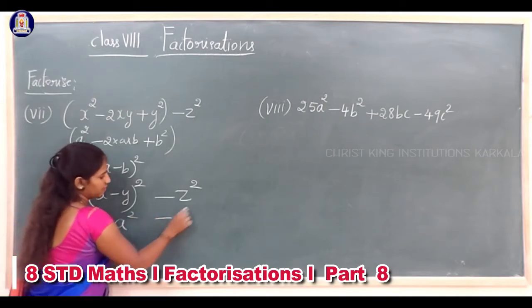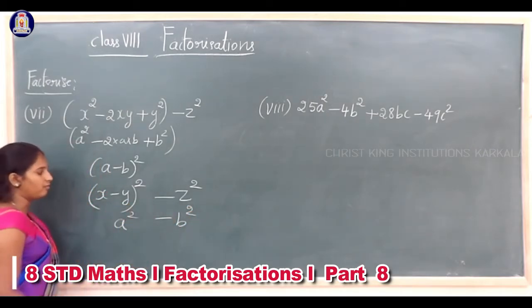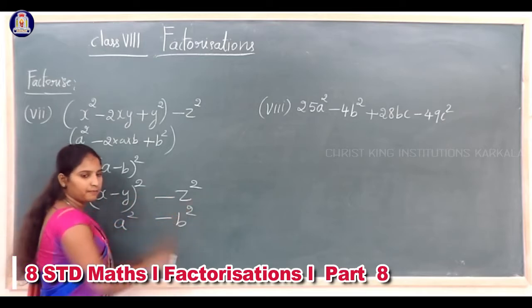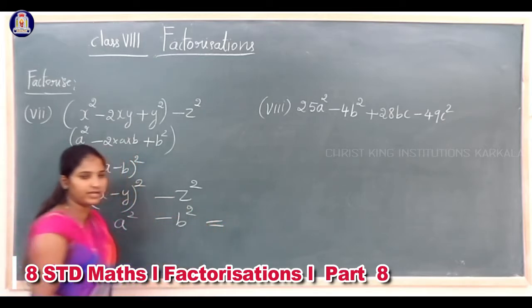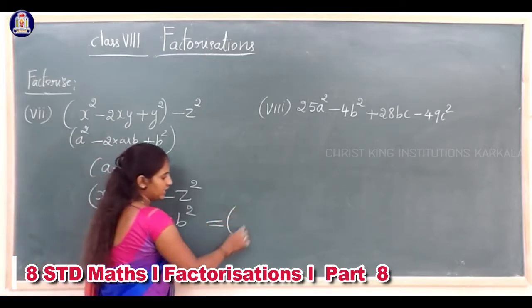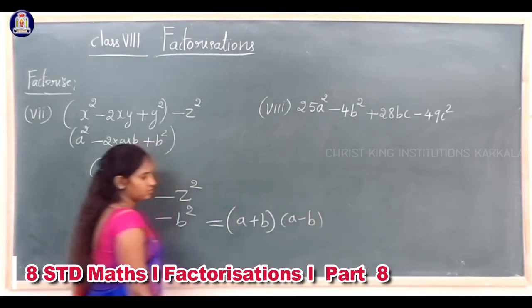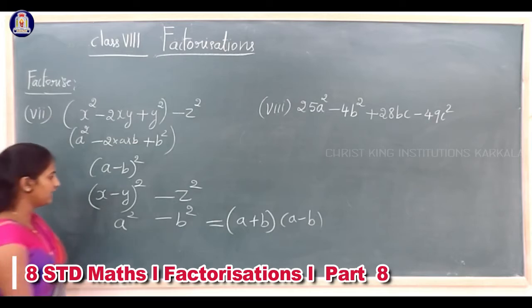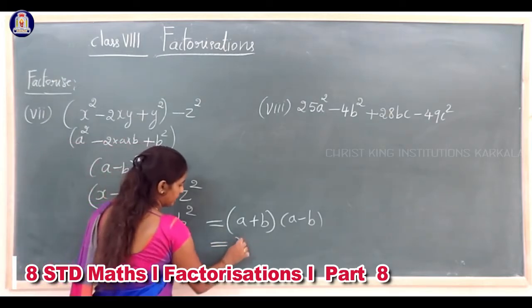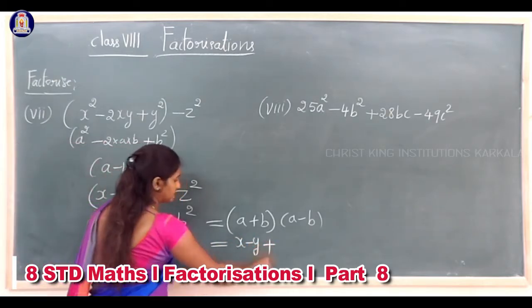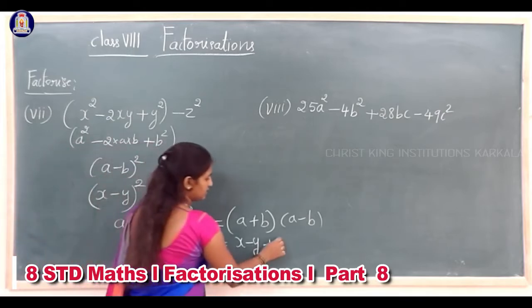So if you observe this, now you can use the third identity, that is a square minus b square. The question is in the form of a square minus b square. So what is a square minus b square? That is a plus b into a minus b. So now here what is a? A is x minus y, plus what is b? B is z.